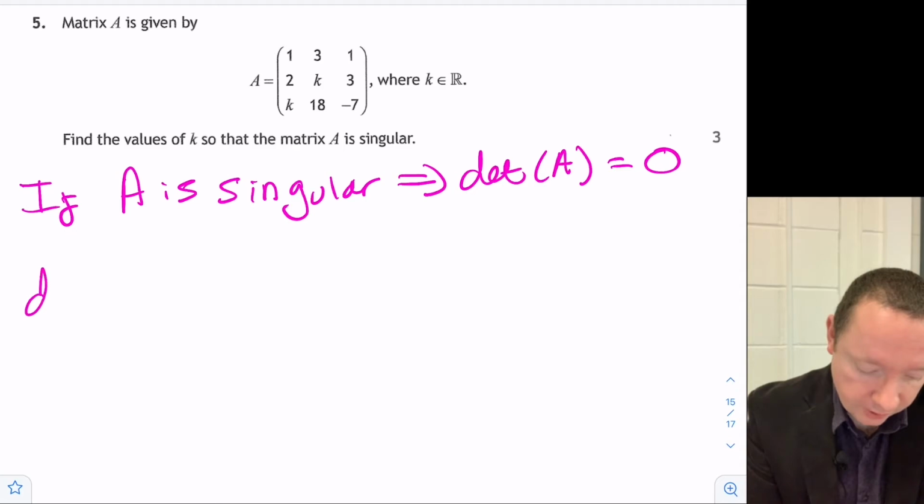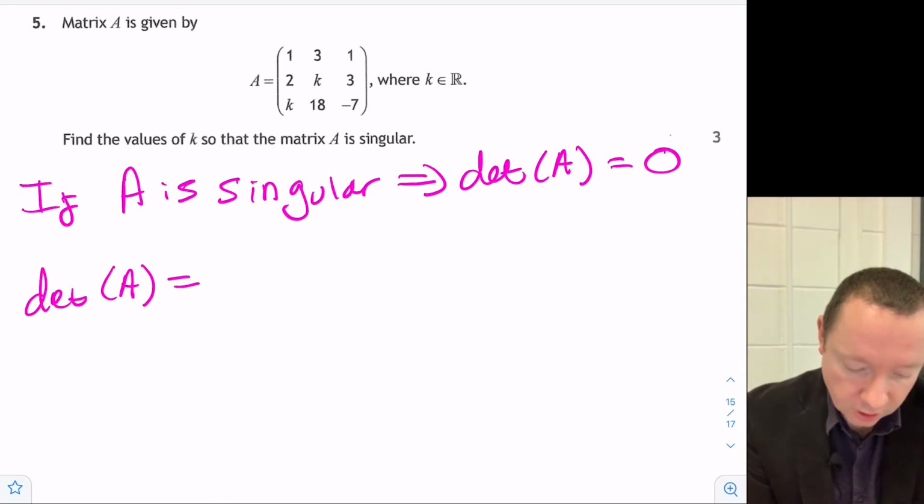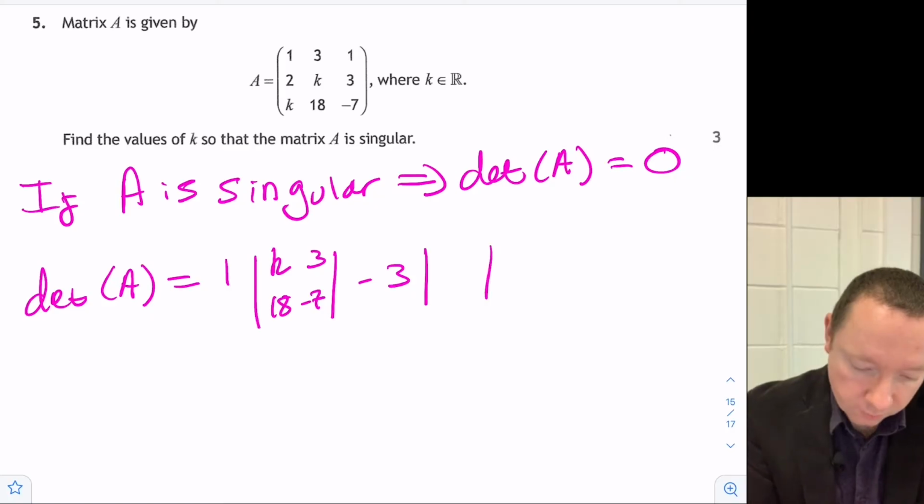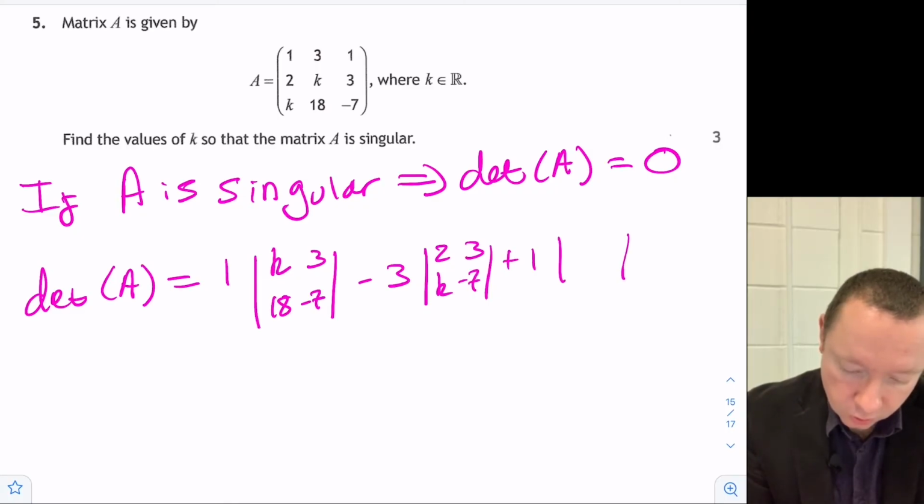So the determinant of A just equals 1 times the determinant of this matrix, minus 3 times the determinant of 2, 3, k and -7, plus 1 times the determinant of 2, k, k and 18.